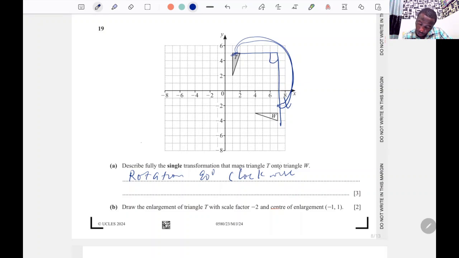Now the center of rotation, how do you get that one? That one is actually very easy. Either you use tracing paper, or you use your protractor and ruler, or possibly your pair of compasses. Let's say you're using your pair of compasses.